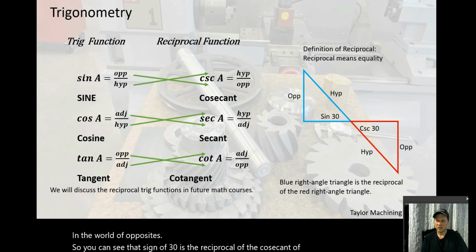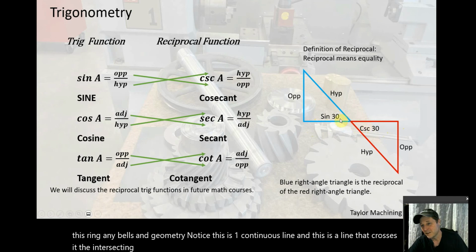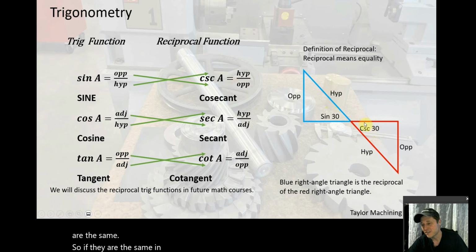In geometry, does this ring any bells? Notice this is one continuous line, and this is a line that crosses it. The opposite angles are the same. So if they're the same in geometry, then they are the same in trigonometry. They are the reciprocal of one another.